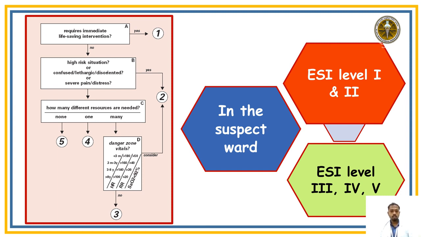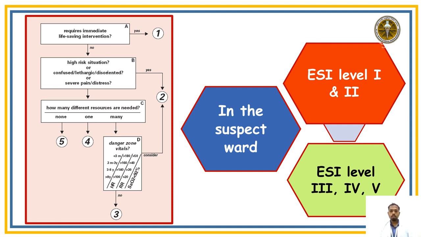If that does not apply, it comes to ESI level 3, where column B does not apply but the patient's vital signs are still in danger zones. If that is over, the next are ESI levels 4 and 5, which are not that important. According to that, they may be categorized in the suspect ward.